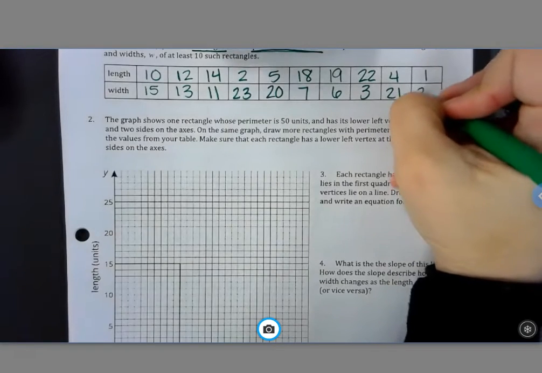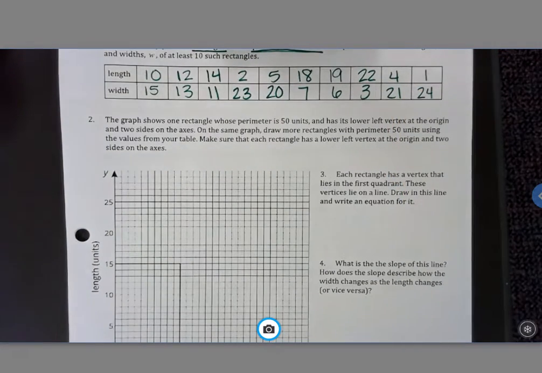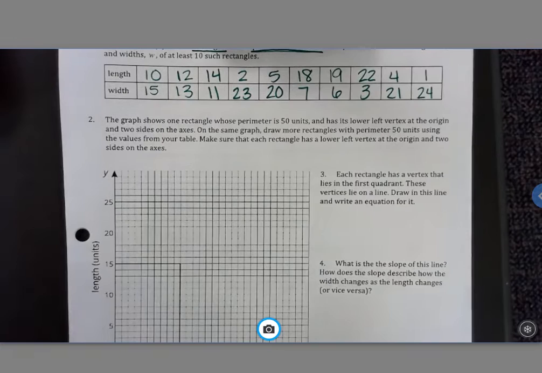And 1 and 24 would also work. Guys, there are other possibilities that you could have had down. These are just 10 of the possible ways, okay? So don't change your answers to match mine. As long as yours add up to a perimeter of 50, it should be good.